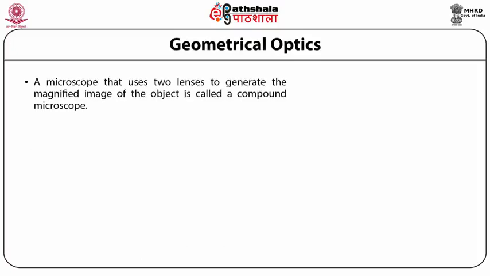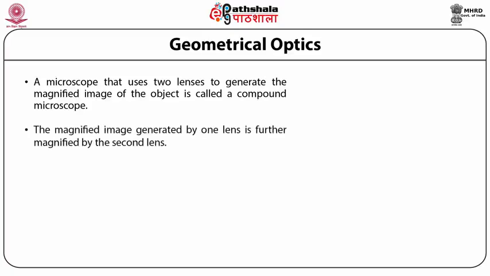A microscope that uses two lenses to generate the magnified image of the object is called a compound microscope. The magnified image generated by one lens is further magnified by the second lens, as shown in figure 4.